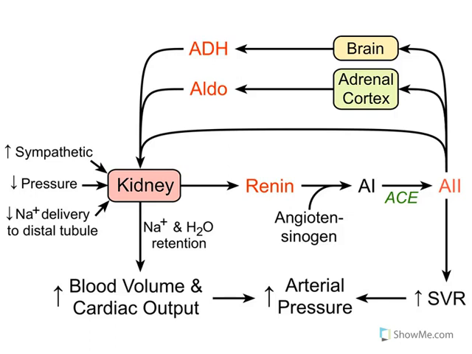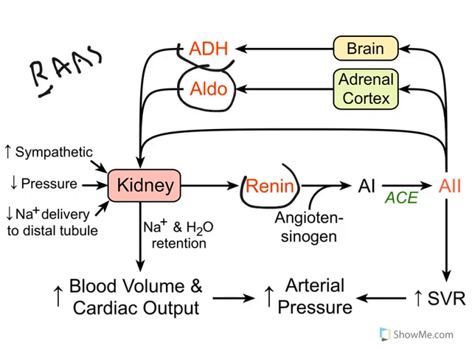RAS comes from four words: renin, AA, which is aldosterone, and ADH, both hormones. Aldosterone is secreted from the adrenal cortex, and ADH, if you remember from endocrine, is secreted from the pituitary gland in the brain. S stands for system, so the RAS system.